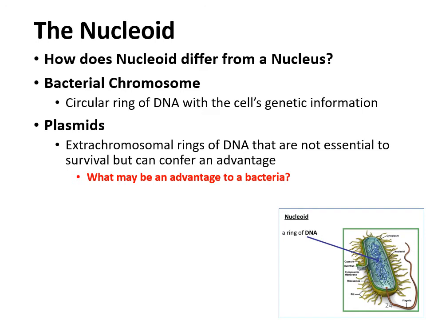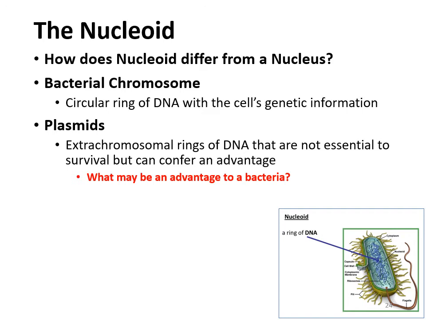What's important about plasmids is even though they're not essential for the life functions of that bacteria, because we said they're extra, just like some people I know, what they can do is they can confer an advantage to the bacteria. And the big advantage that they can give that I want you to remember is antibiotic resistance.